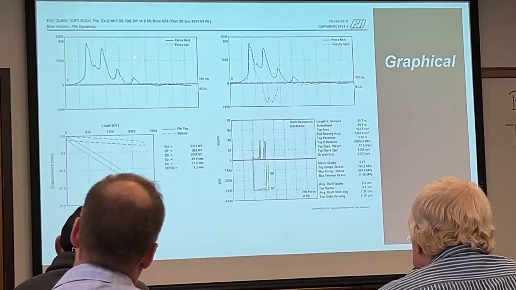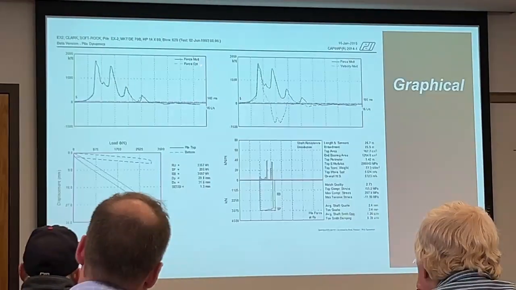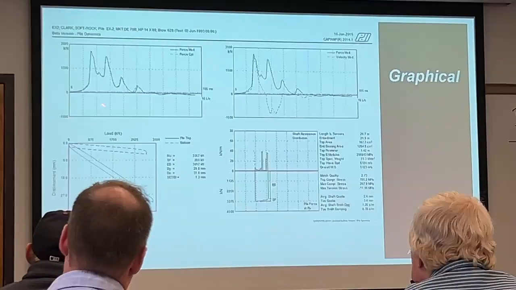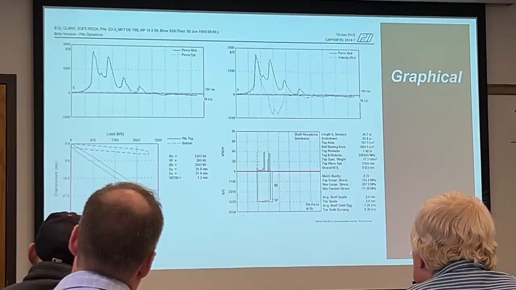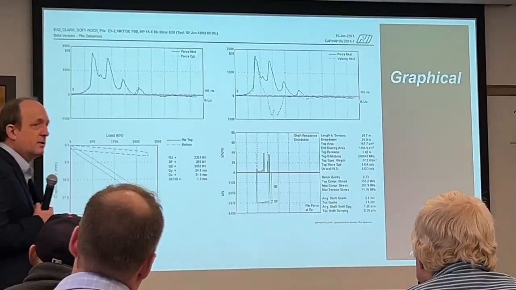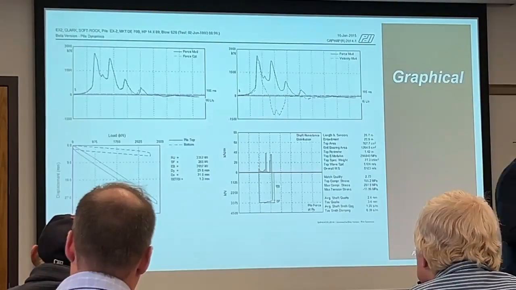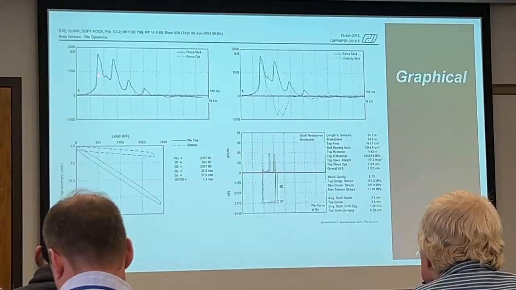This goes to a graphical output in which we see the measured versus the computed force. Basically what you're looking for as an interpreter of these reports is whether or not those two curves are very similar to one another. Looking here, again, we see they match up quite nicely.